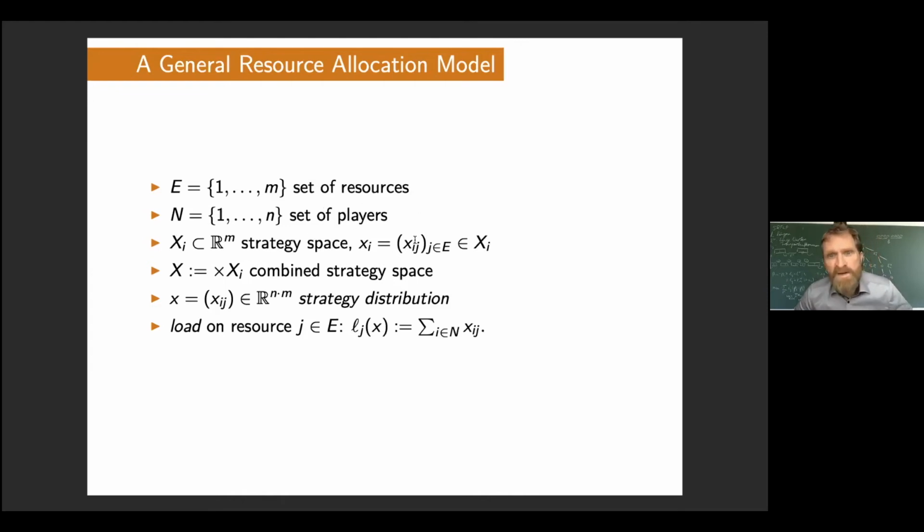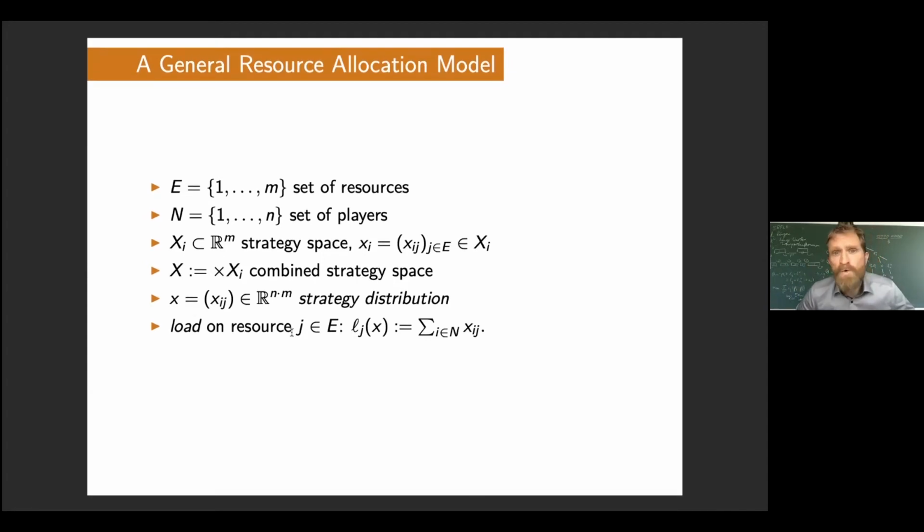The strategy is just then a vector in that set, and I use this notation Xij. It's the resource consumption of player i on resource j. And the Cartesian product of these sets is the combined strategy space. And one element of that is just the strategy distribution, X. This is basically a multi-vector. Each entry is one vector for every player.